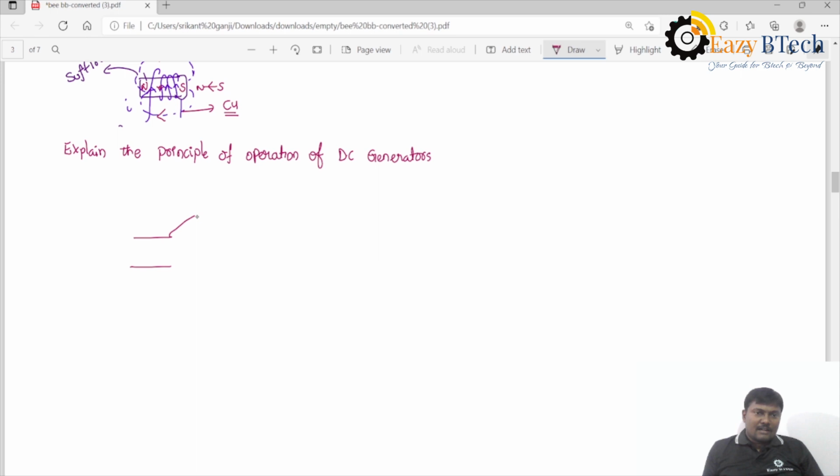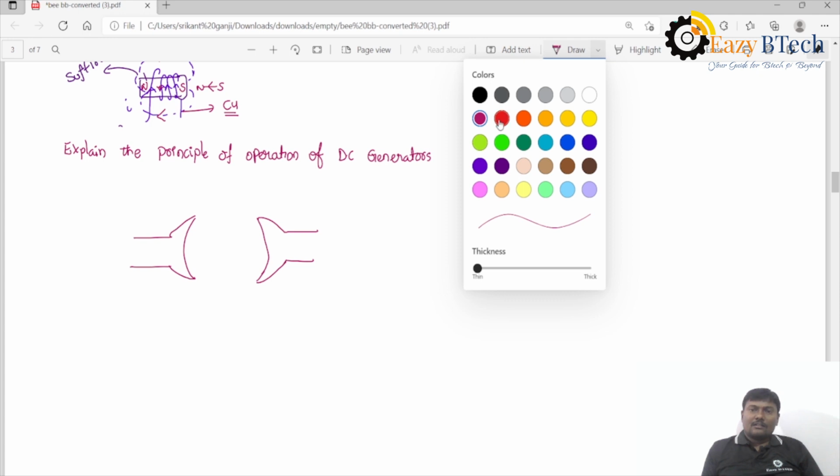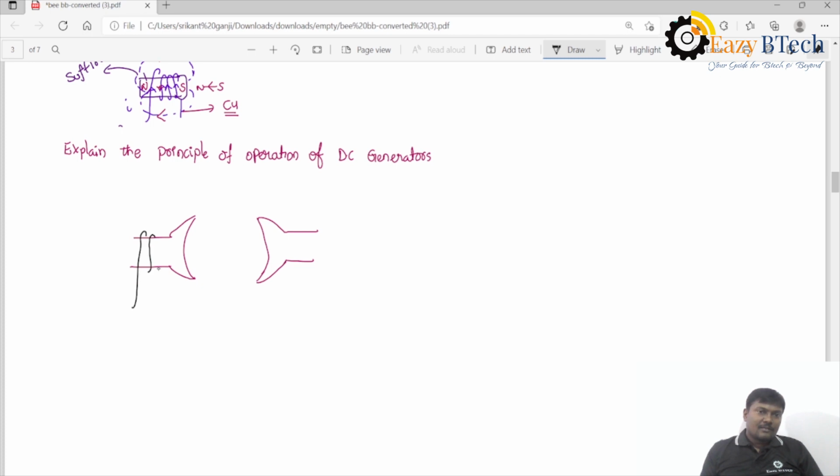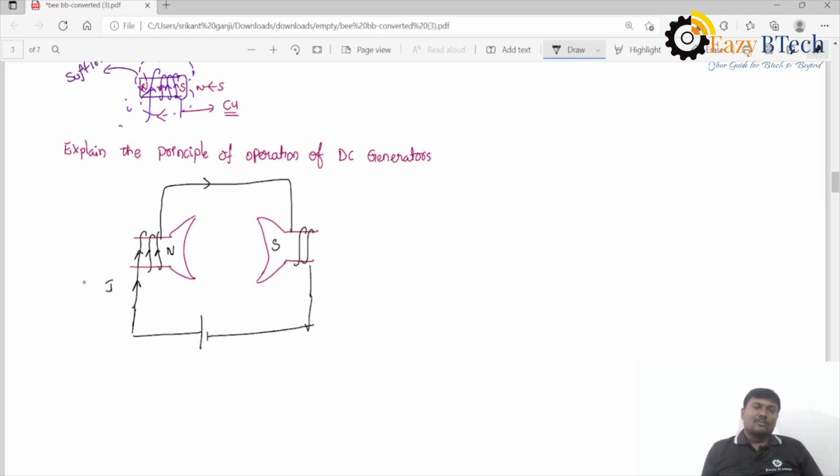First of all, I am taking an electromagnet. Some coil is wound on this soft iron piece, and I excite it with DC supply, and the current passes through the coil like this. Then it acts as a north pole, and then it acts as a south pole.